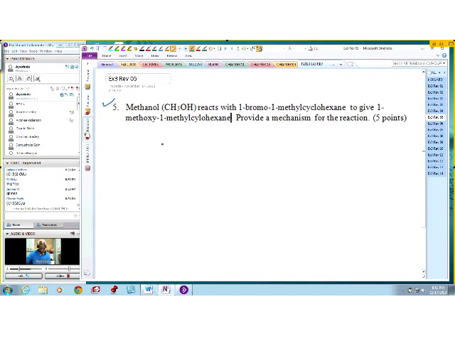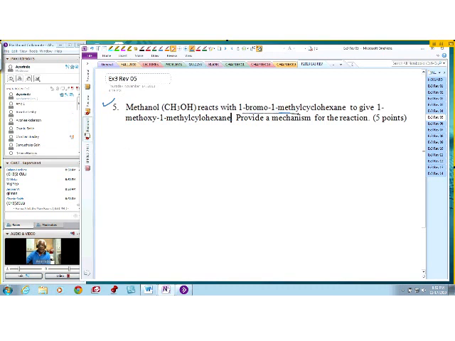Now this is a question of reaction mechanism. I know we did this in class, but I want to go over this again for the benefit of all of you. It says methanol reacts with 1-bromo-1-methylcyclohexane to give 1-methoxy-1-methylcyclohexane. Provide a mechanism for the reaction. Very simple. So what do we have?